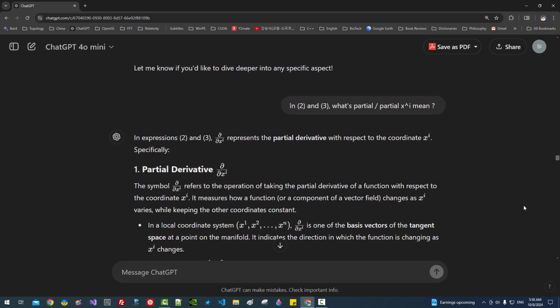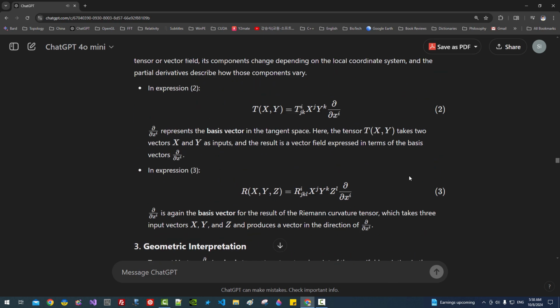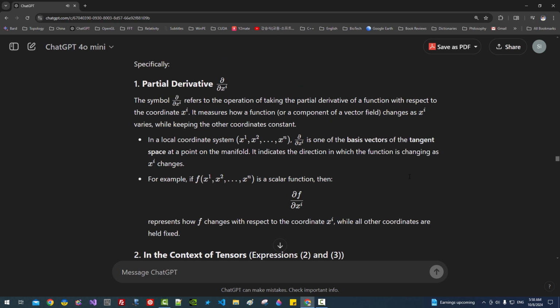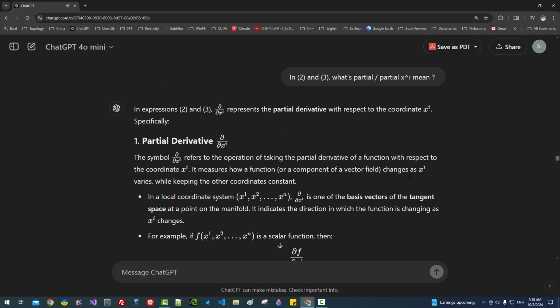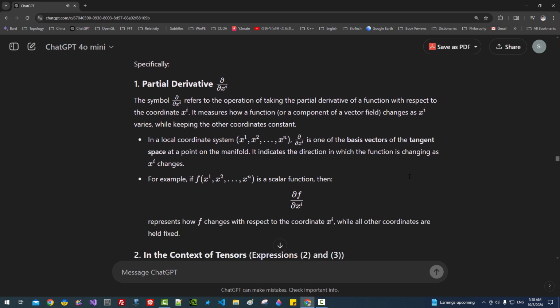In expressions 2 and 3, what does ∂/∂x^i mean? In expressions 2 and 3, ∂/∂x^i represents the partial derivative with respect to the coordinate x^i. Specifically, 1. Partial derivative ∂/∂x^i. This refers to the operation of taking the partial derivative of a function with respect to the coordinate x^i.